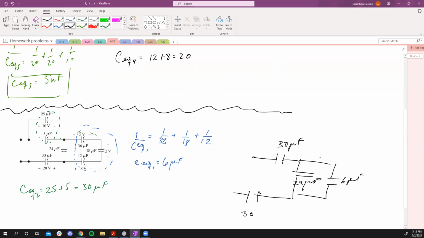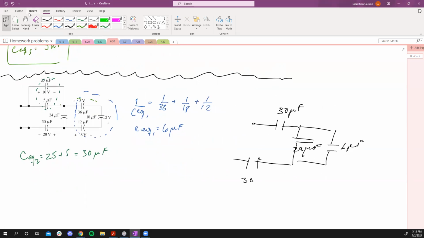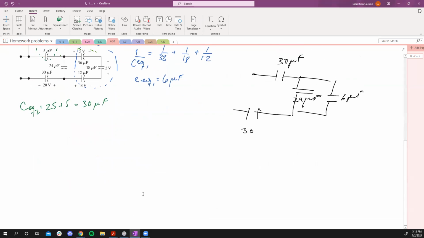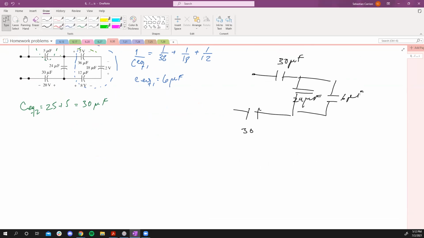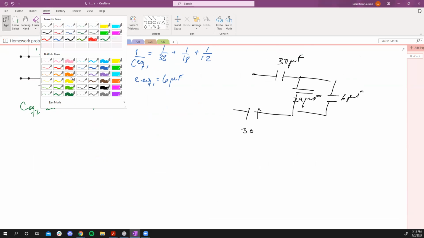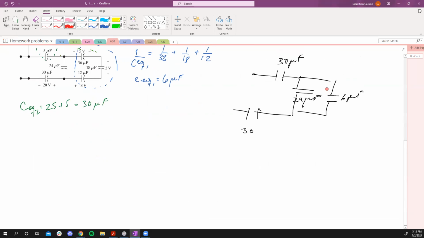Six. Okay. Let's make some more space. All right. I call this C equivalent 3. 24 plus 6, 30 microfarad, right? So then this turns into this.